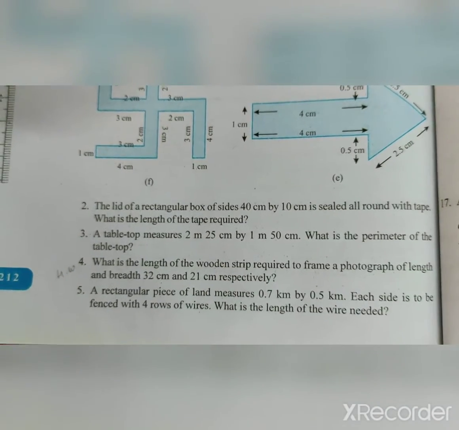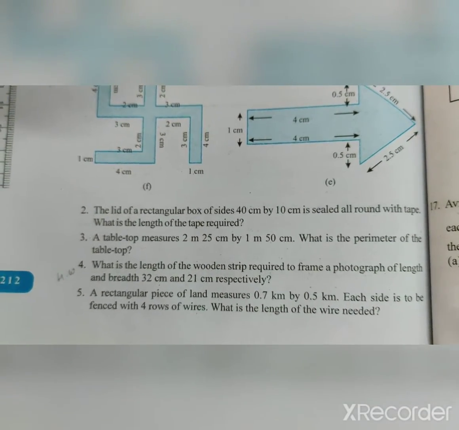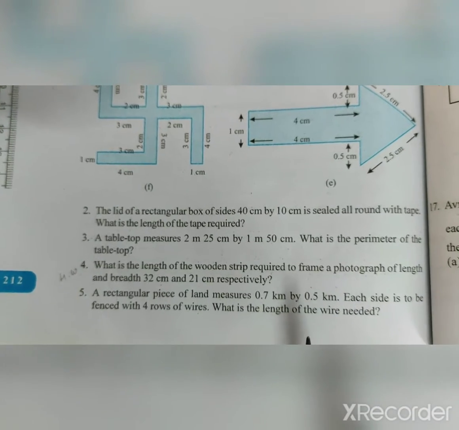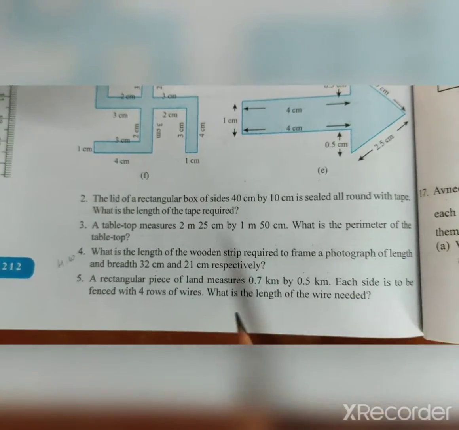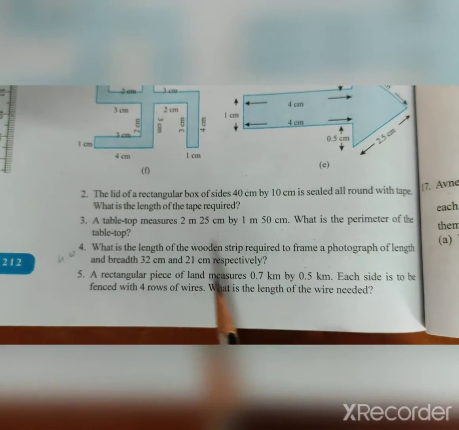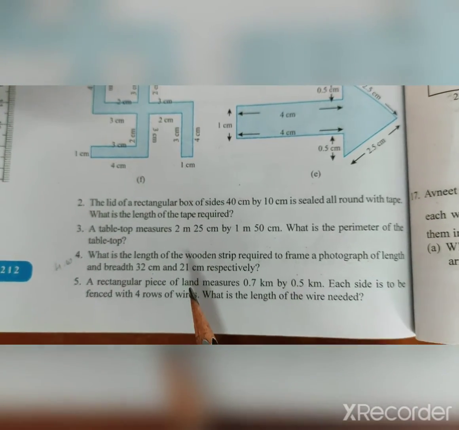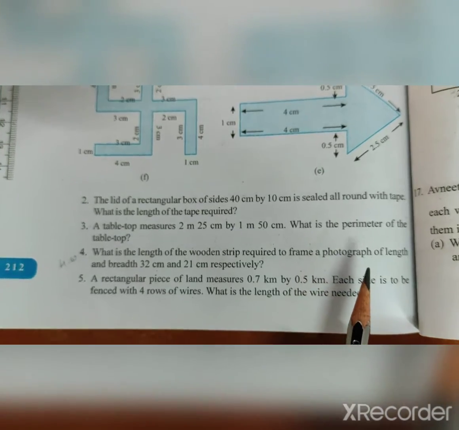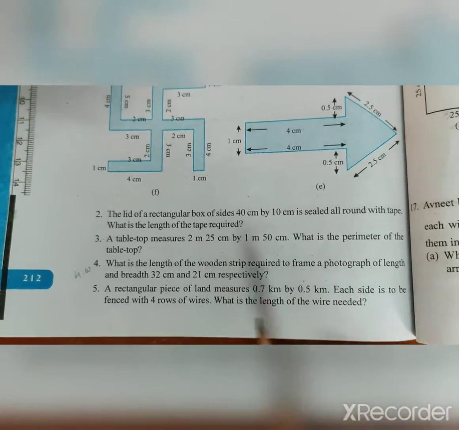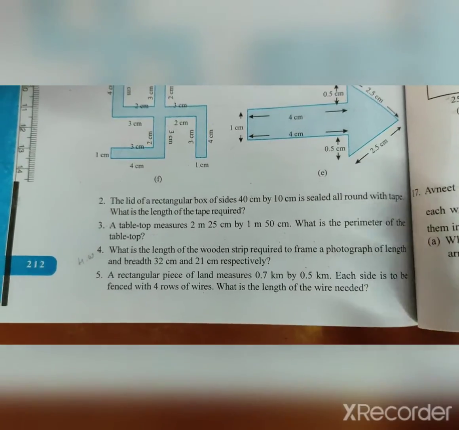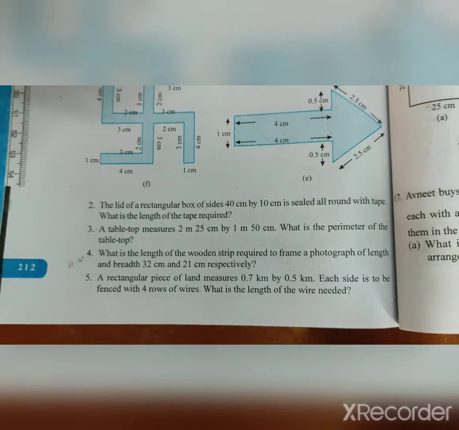So you can see the photograph frame is in rectangular shape. The photograph also is in rectangular shape, so you can calculate the perimeter and you will write. Clear? Given the length of the frame of the photograph is equal to this and breadth is equal to this, then perimeter of the photograph and then that much wooden strip required.